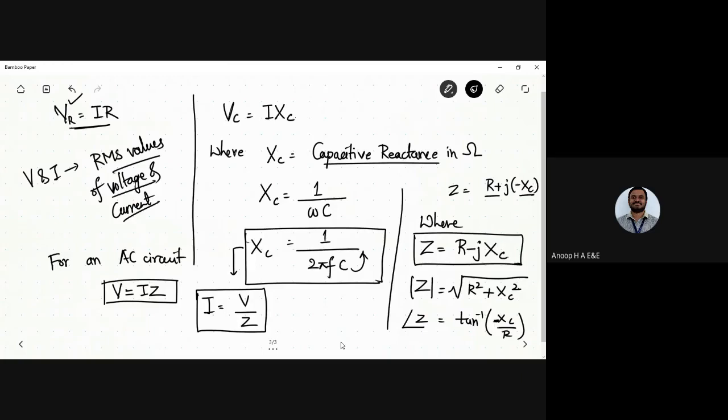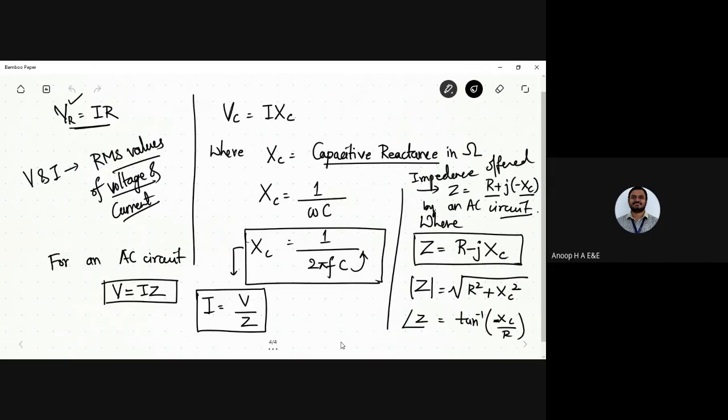So for an AC circuit, V would be equal to I into Z, where Z is the impedance offered by an AC circuit.